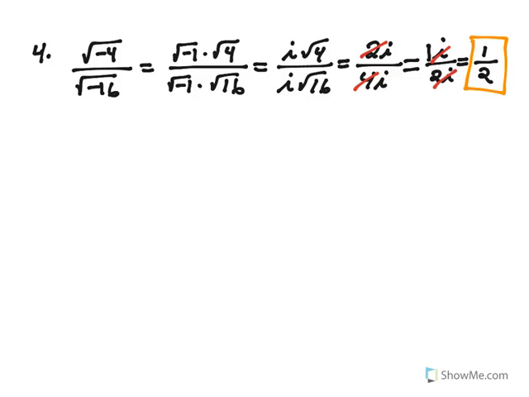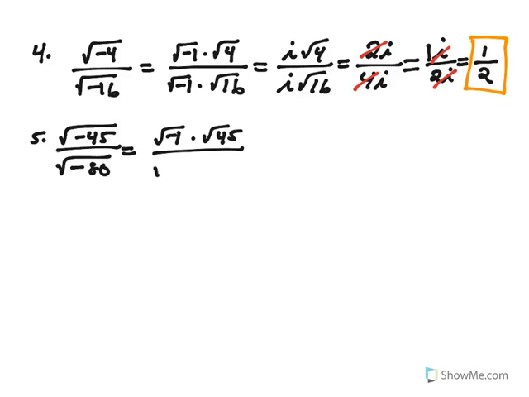Let's go ahead and do another one like that, just to make sure that you're understanding. So we have the square root of negative 45 over the square root of negative 80. So we're going to factor out the square root of negative 1. That way you know we're replacing both of those with i.